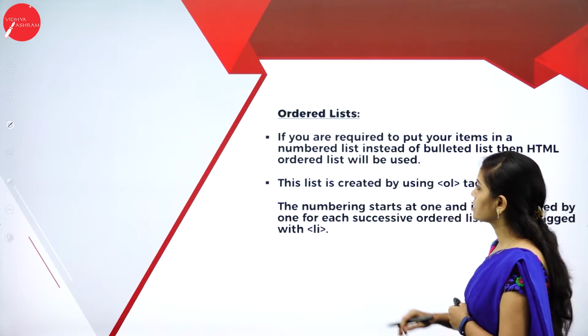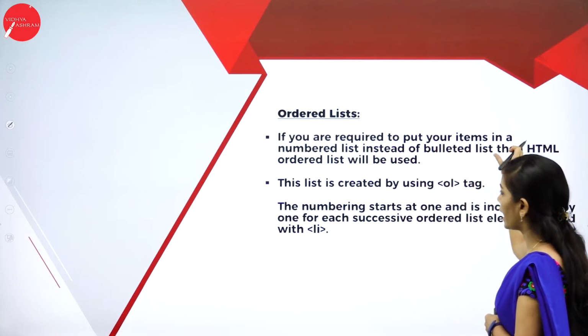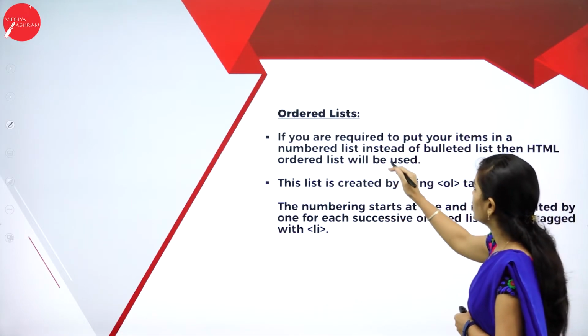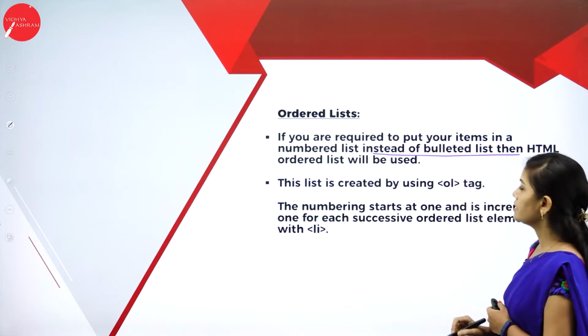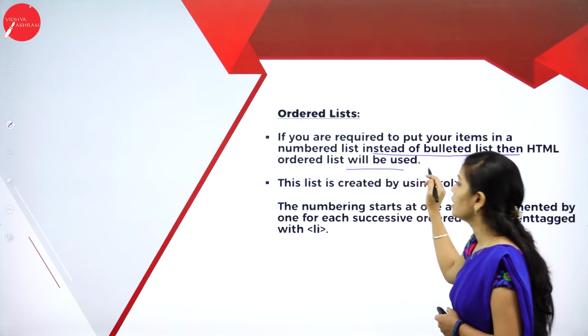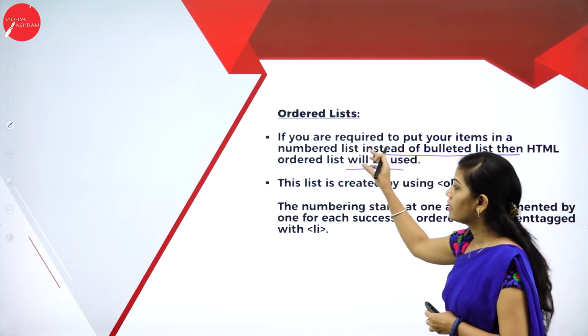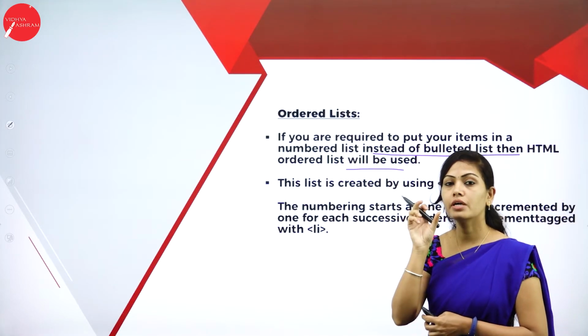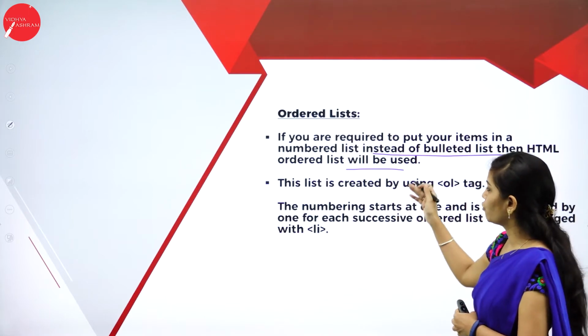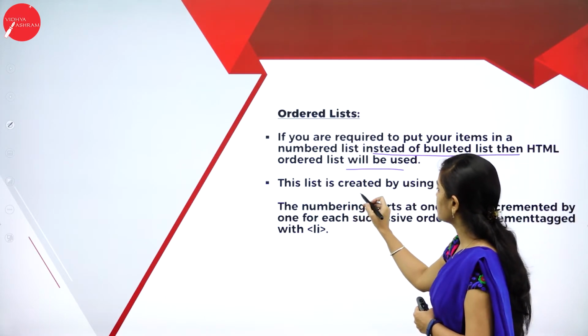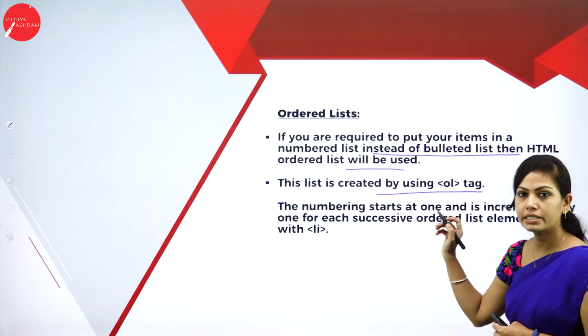And ordered list. If you are required to put your items in a numbered list instead of a bulleted list, then HTML ordered list will be used. Instead of using a bulleted list, you can go for a numbered list. So if you want to put numbers to your items, you can go for ordered list. This list is created by using the OL tag.